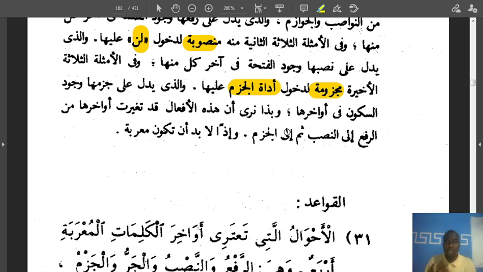That which makes us know that it is majzum is the availability of the sukun at its ending. Because it is taking sukun at its ending, we know that it is majzum.